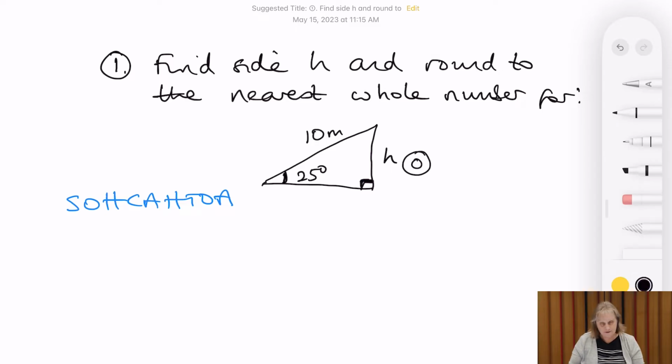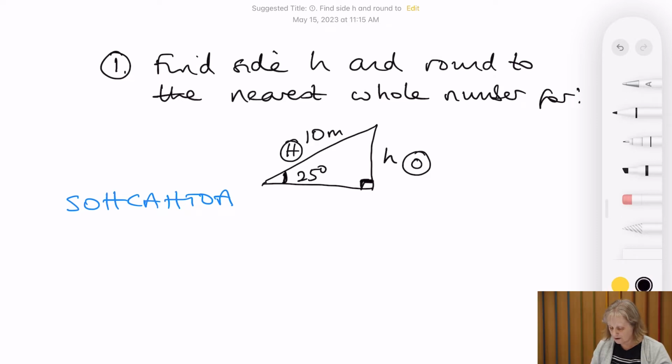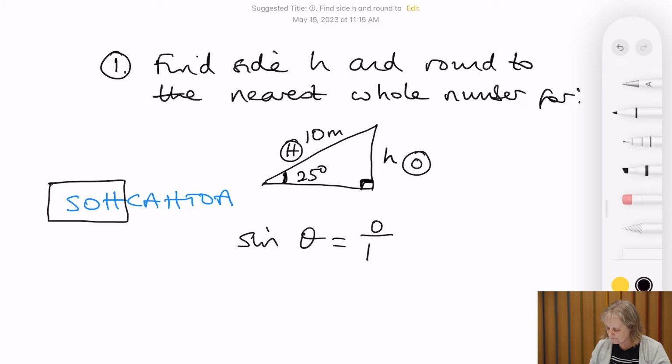The longest side, which is opposite the right angle, we know is the hypotenuse, so 10 meters here. So because we want to find h, which is the opposite side, and we've got the hypotenuse, we know that's connected with sine. So sine theta, so that's just the Greek letter we use for an angle, is equal to the opposite over the hypotenuse.